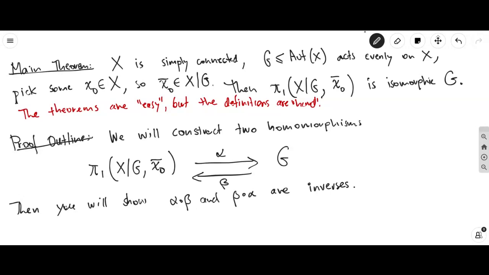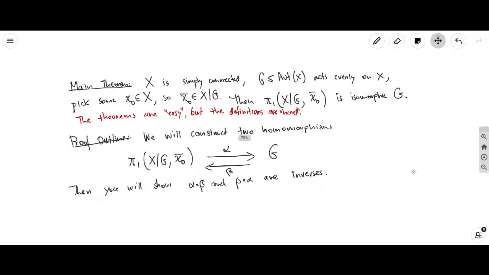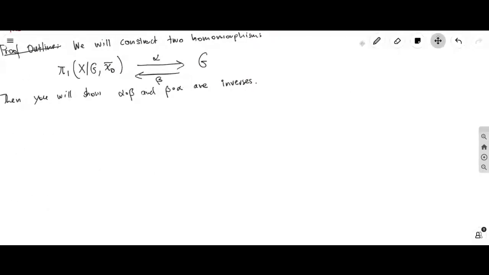Now, if you understand the definitions very well, then what we're about to do will feel very natural. It will feel very, very natural. So here's how alpha is being constructed. Here's what we know. We have X. We have a point in X, x0. We have the quotient space. We have the quotient map pi.